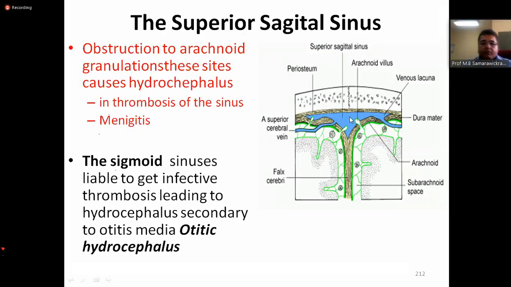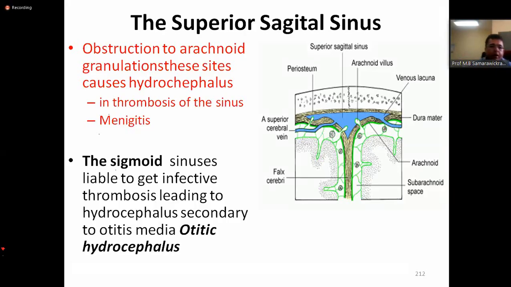So any blocking of the superior sagittal sinus results in blocking of these arachnoid villi as well, leading to an increased amount of cerebrospinal fluid within the cranial cavity, resulting in what is called hydrocephalus.